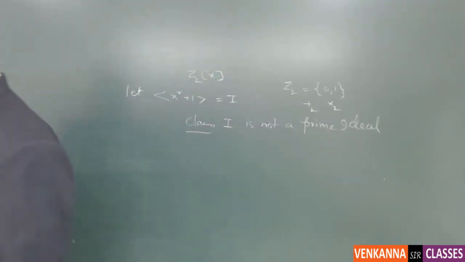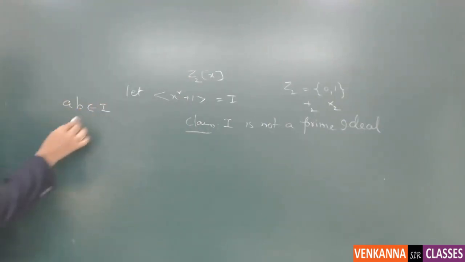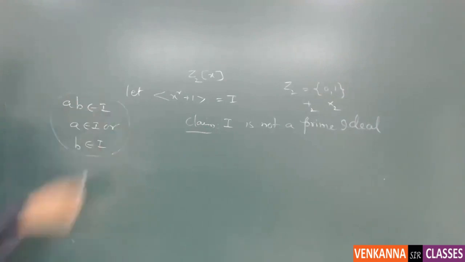Accepted? The definition of prime ideal: whenever A times B belongs to I, then either A belongs to I or B belongs to I. This condition must be satisfied by the ideal I. Then only we say that it is a prime ideal. Accepted all?